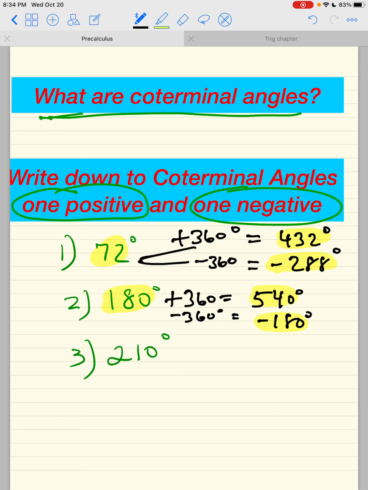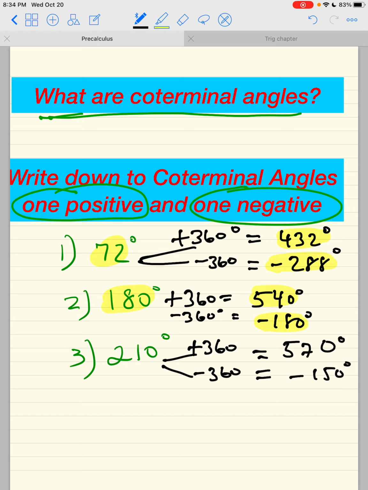And then finally, to get the coterminal angles, all I'm going to do is add 360 degrees, so that's going to be 570, and then take it away, and that's going to be negative 150. So these three are coterminal angles, okay?